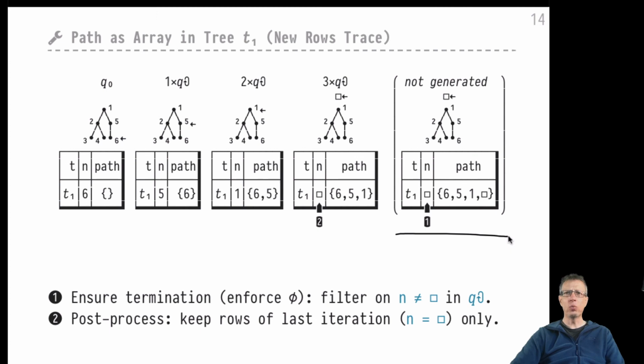The predicate will keep us from entering the next iteration of our recursive query and then producing this result. This will not be generated. Okay, this is the first point here: ensure termination with the predicate, just like we saw in the version of the query that had the explicit POS column. Okay, right. And now for some post-processing.